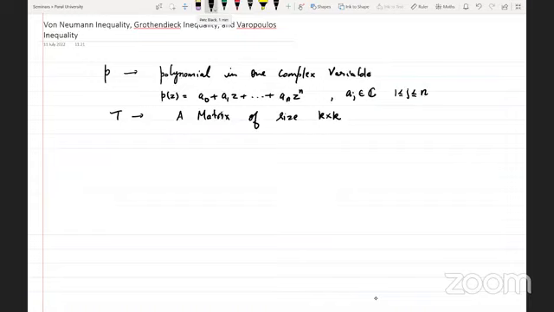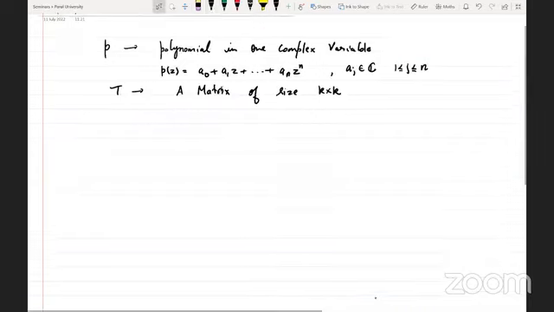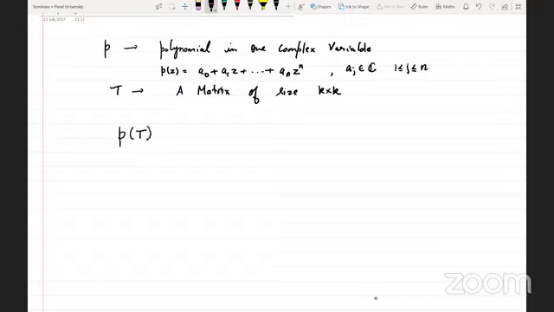Now, instead of writing this z, we can talk about something like P of T. This is the third creature of this lecture, P of T, but this is made out of P and T. How are we making it? It's simple. Instead of z, you plug in T.